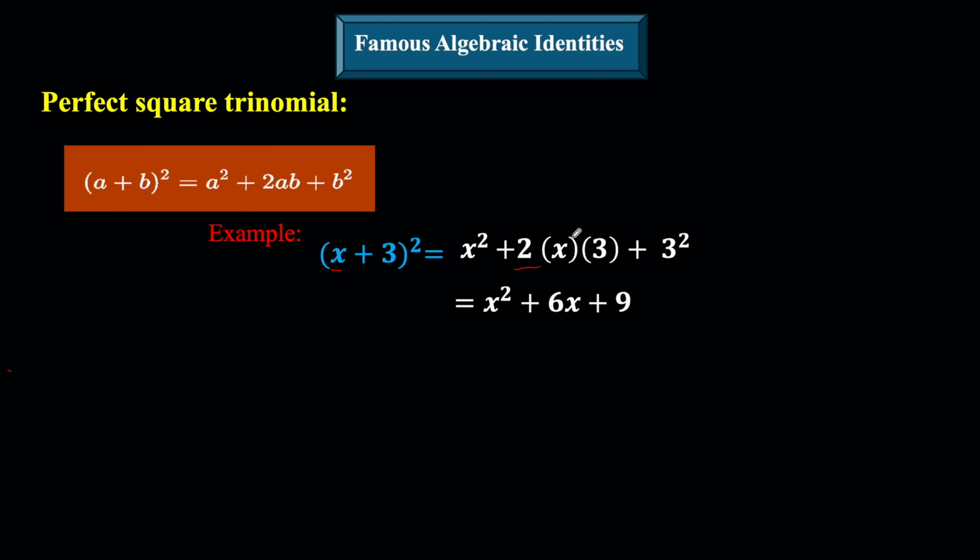A is x here and b is 3, plus b squared, so we take 3 squared. So x squared we don't touch it, 2 multiplied by x is 2x, and 2x multiplied by 3 is 6x, plus 3 to the power 2 is 9.